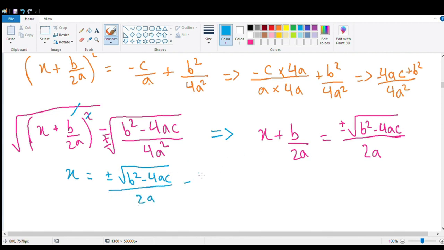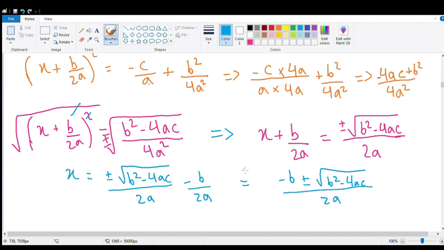And when this comes to the other side, it's going to be minus b over 2a. Take the LCM and it's going to be minus b like at the starting, and then plus minus square root of b squared minus 4ac over 2a.